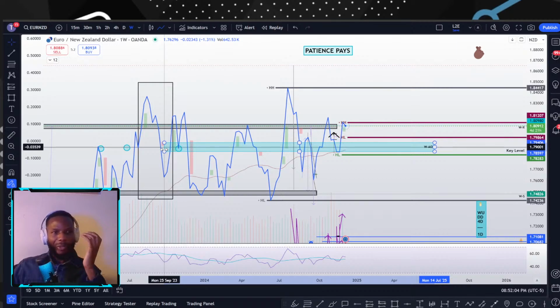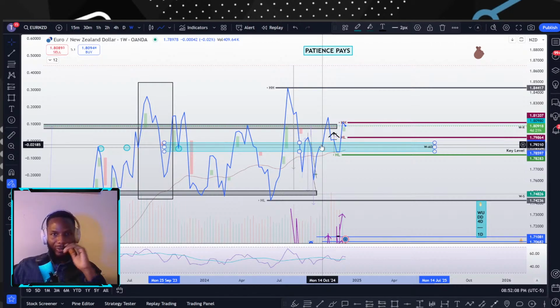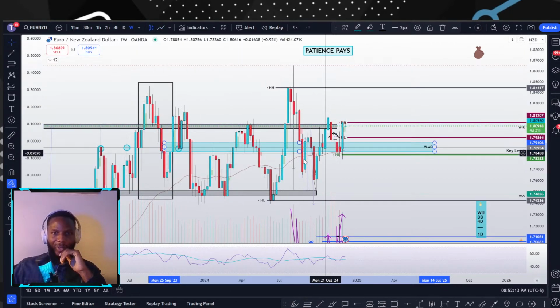I could explain how I'm choosing these levels, but it's going to take a long time. But I know what I'm looking for. Coincidentally, this line that you see running through the chart is a 50 EMA, so it lines up with the area that I'm looking for.